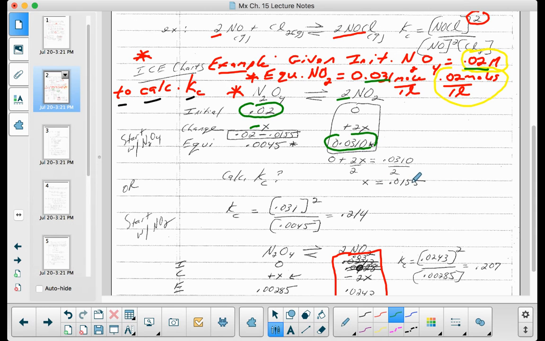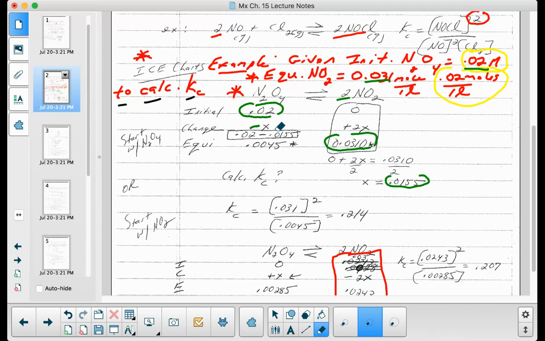I come up with a value of x of 0.0155. So now I go here and I take 0.02 minus 0.0155. This value here is the one that I solved for in this little algebraic equation that I did. And I know that 0.02 minus 0.0155 is equal to 0.0045.